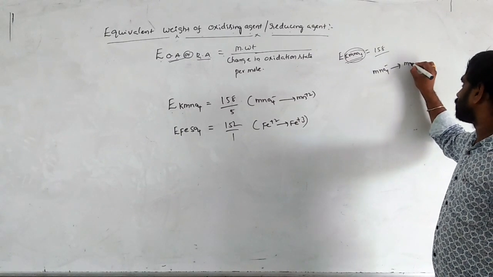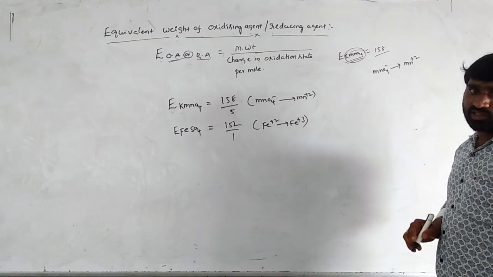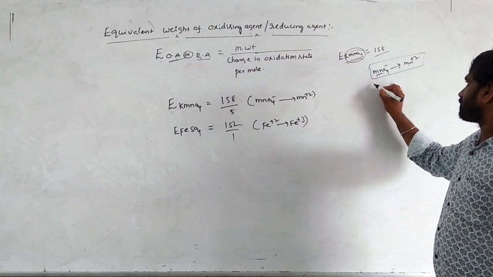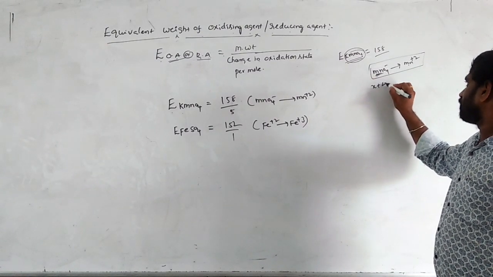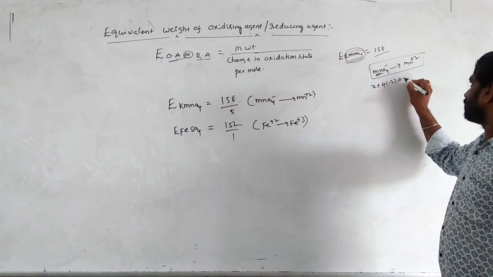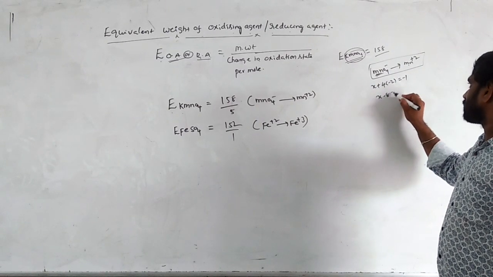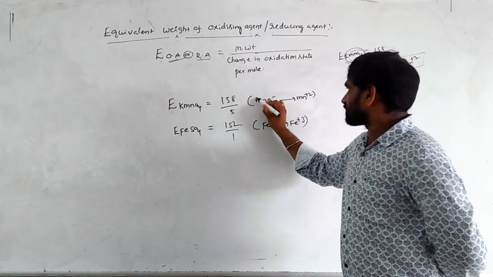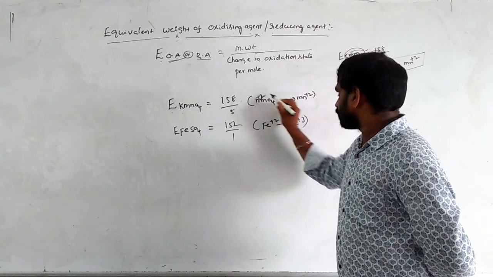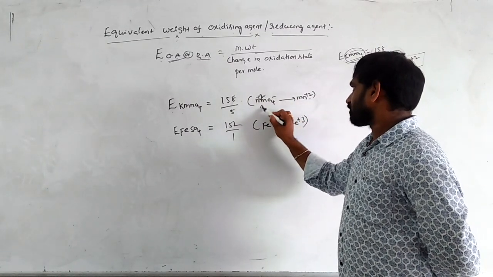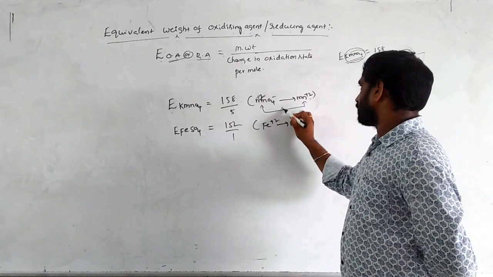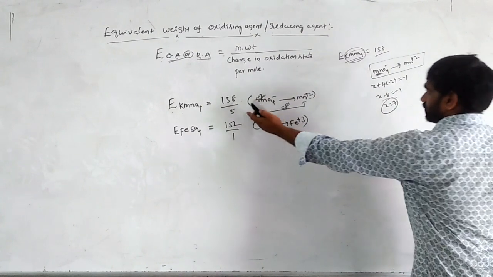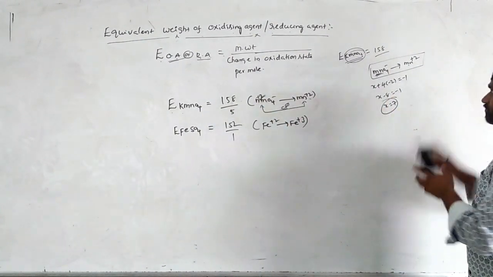MnO4 minus is converted to Mn 2 plus. So Mn equals X, say X plus 4 into oxygen minus 2 equals minus 1. X minus 8 equals minus 1. X equals 7. Manganese goes from plus 7 to plus 2. That means the number of electrons is 5. That means the oxidation state change is 5.